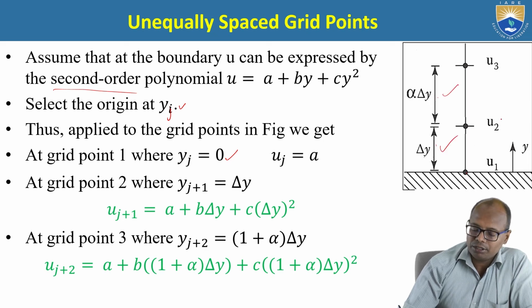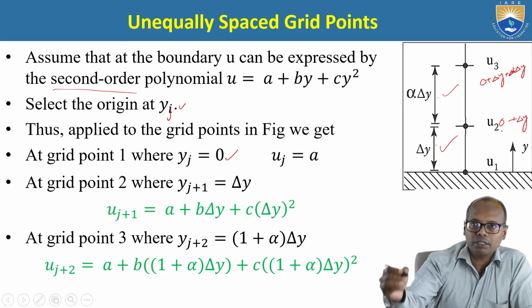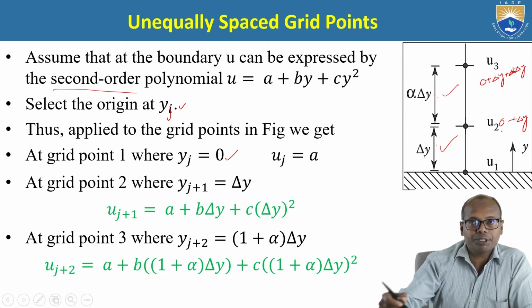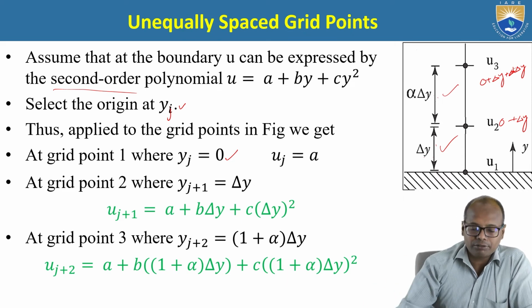Here it is 0 plus delta y, and here it is 0 plus delta y plus alpha delta y. Like this it will go on increasing, the next one will be 2 alpha delta y, and after that 3 alpha delta y. Like that it will go.